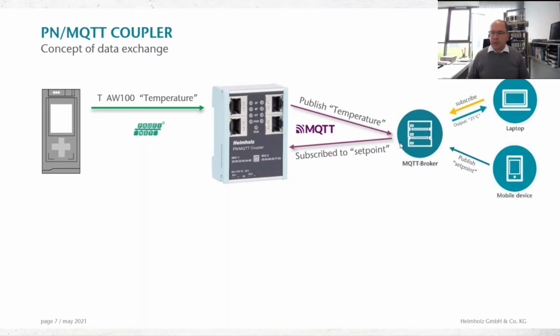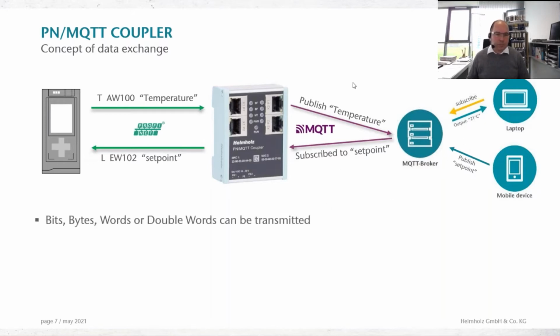Then if the new value is coming, the broker is sending this to the PN MQTT coupler, and it will be available as an input value in the PLC. So this is totally easy to understand. Sending data will publish data, and subscribed data will be available upon change. So this is totally easy in the concept.